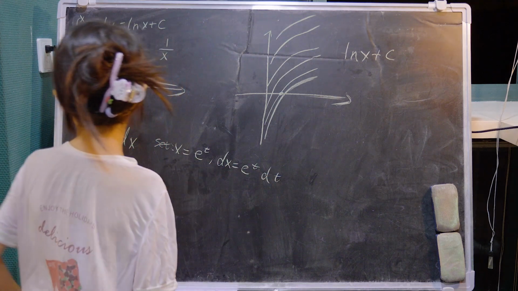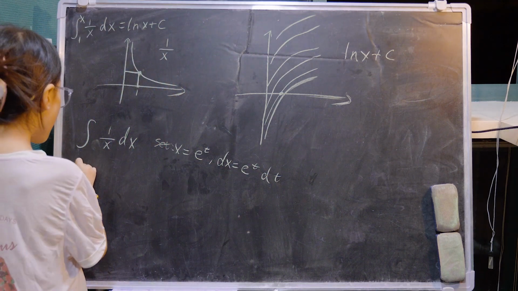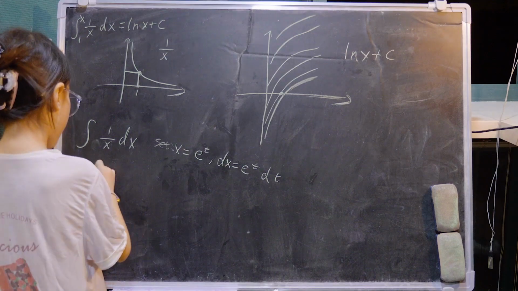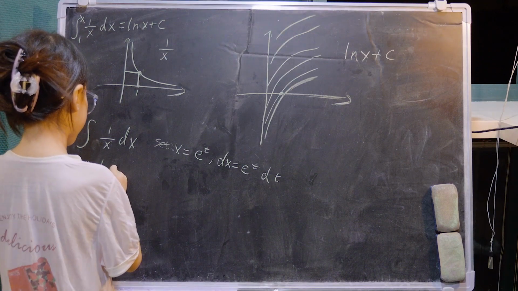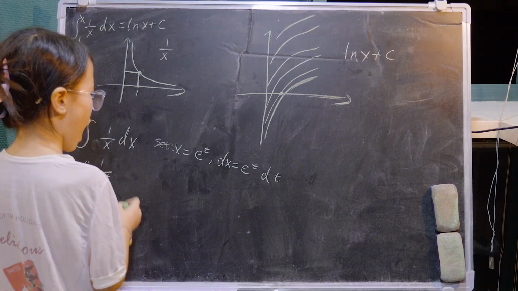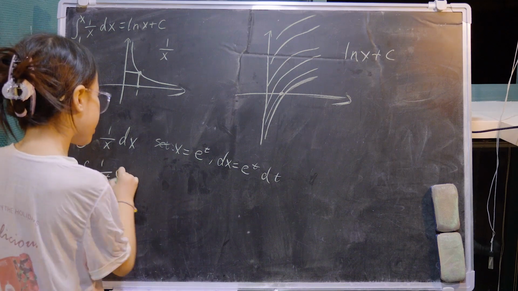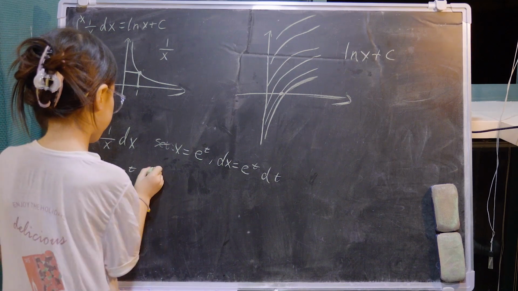Now we substitute e to the t for x and e to the t times dt for dx. So it is equal to the integral of 1 over e to the t, times e to the t dt.